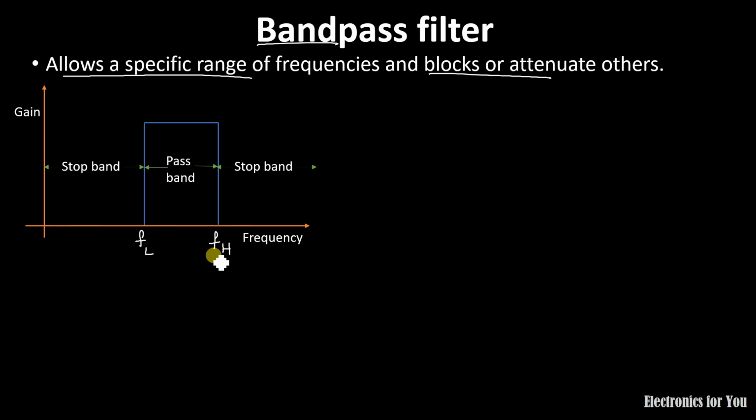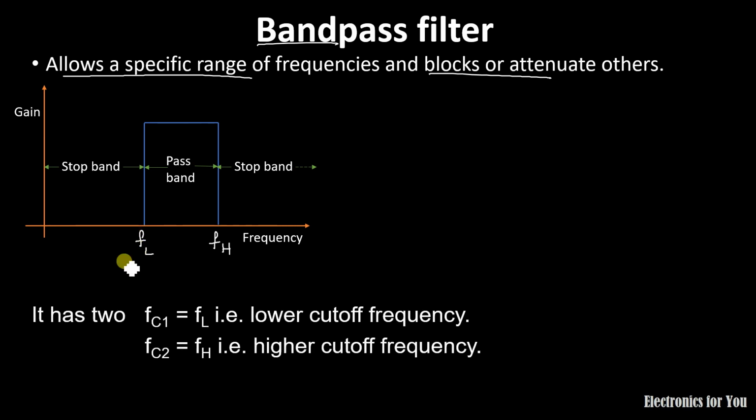So basically a band pass filter is a combination of a high pass filter and a low pass filter. So it has two cutoff frequencies, FL and FH. FL is the lower cutoff frequency, and FH is the higher cutoff frequency. In the case of a band pass filter, FL is less than FH.